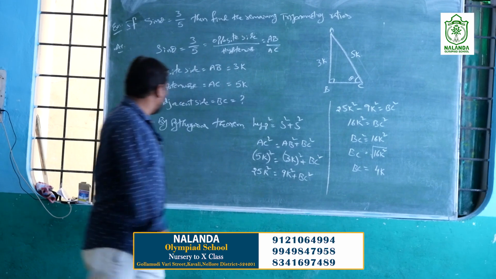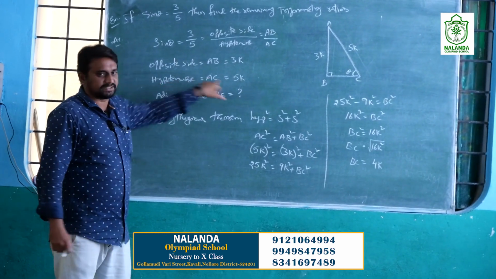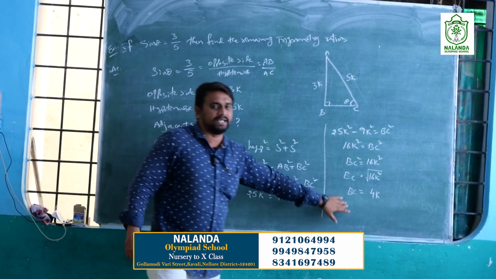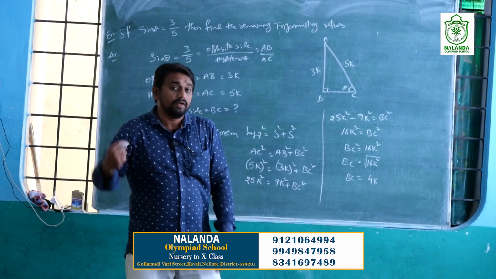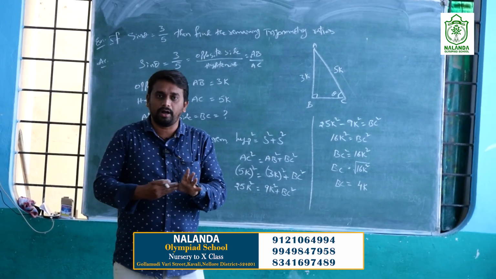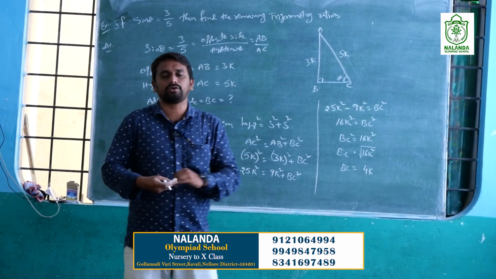So I know the opposite side is 3K, the hypotenuse is 5K, and the adjacent side BC is 4K. Now we can express the remaining trigonometric ratios, that is cos, tan, secant, cosecant and cot.